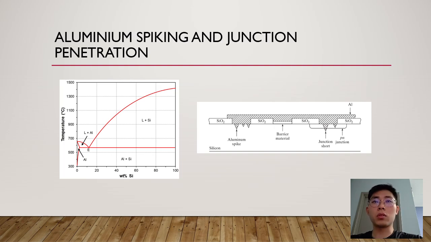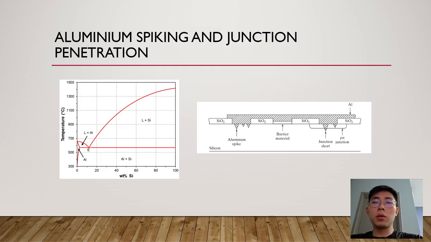The aluminum will absorb 0.5 to 1% of the silicon. So after deposition, aluminum is usually annealed at 450 to 500 Celsius to provide a good contact formation. But the silicon will penetrate into the aluminum even at this temperature, which is far below the eutectic limit. This will result in junction spiking.